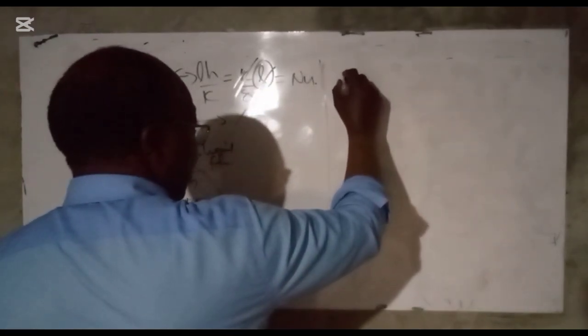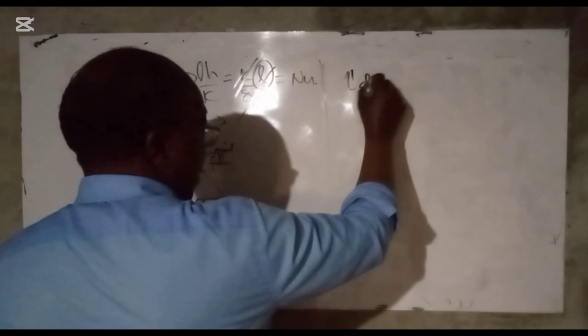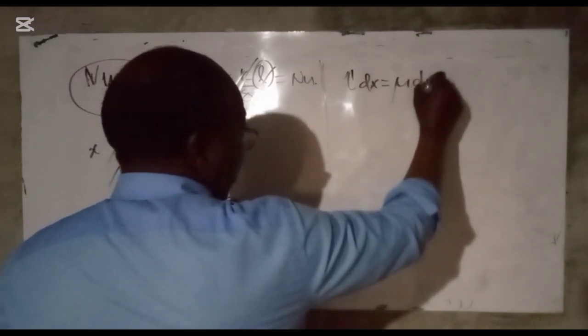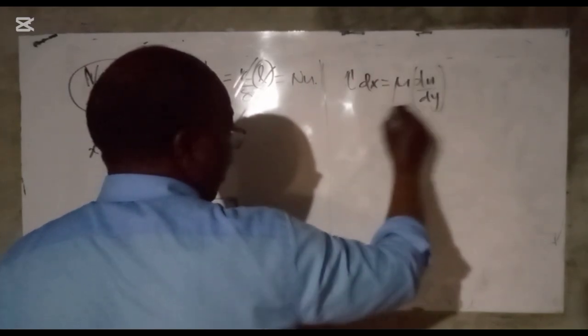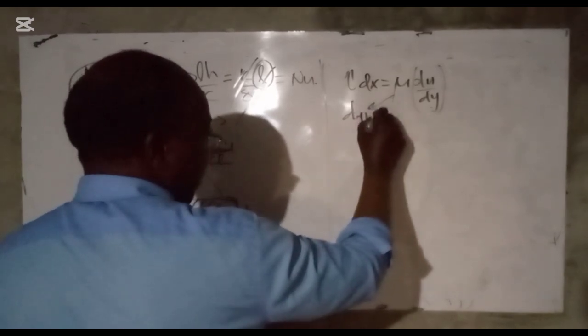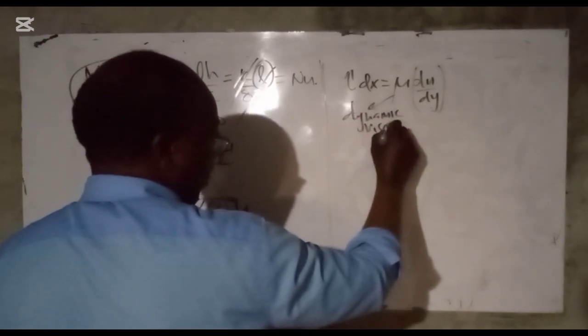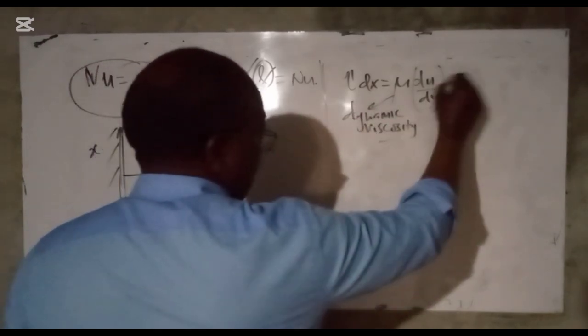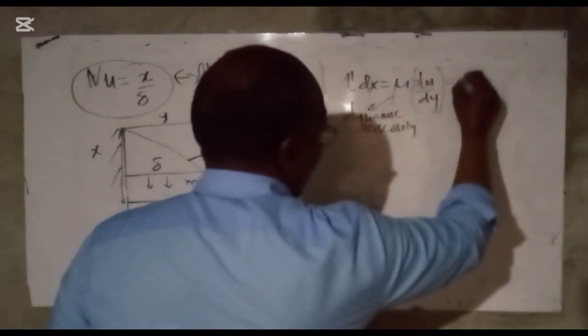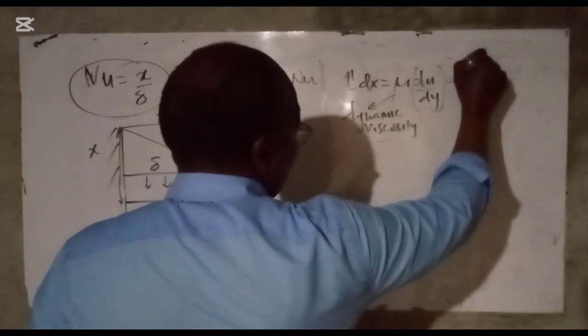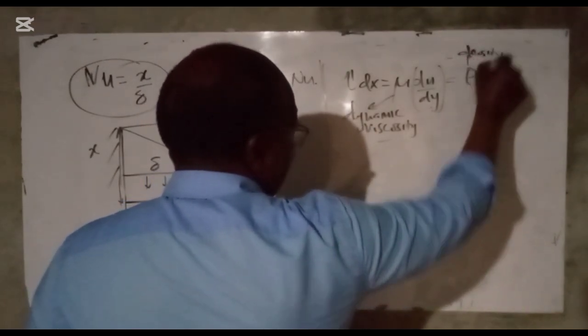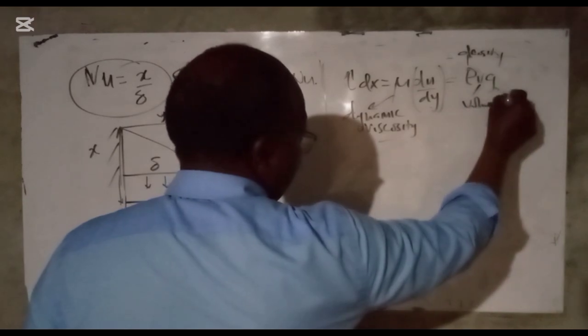So we have talked of shear forces, and you know that the shear force involves the dynamic viscosity. And you're saying it's working in consonant with gravitational forces. And when we talked about buoyancy force, that is density, volume, gravitational acceleration.